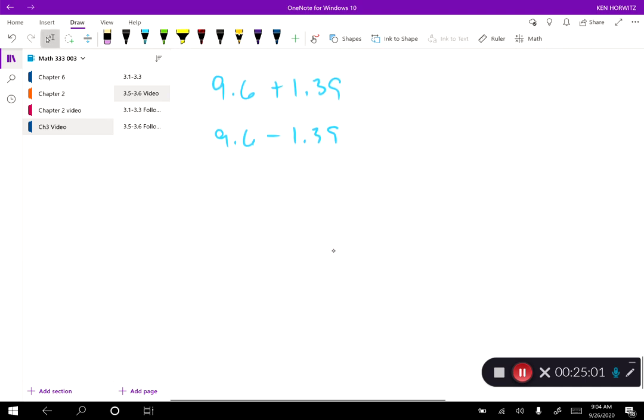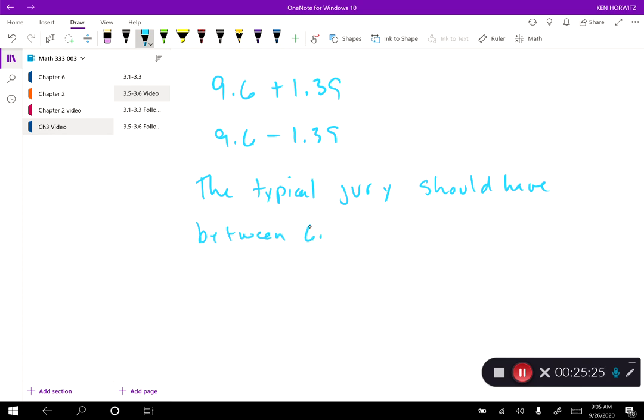So the typical jury should have between 6.82 and 12.38 Mexican Americans on it.